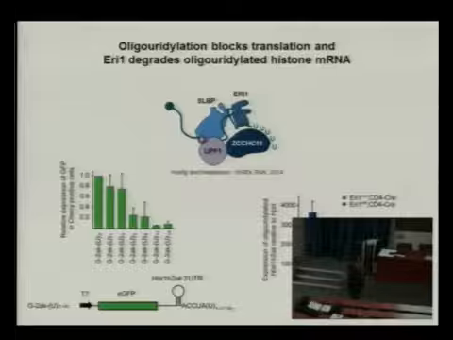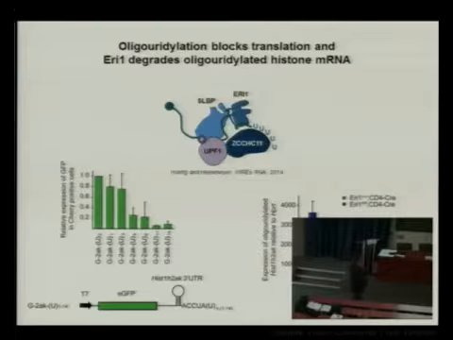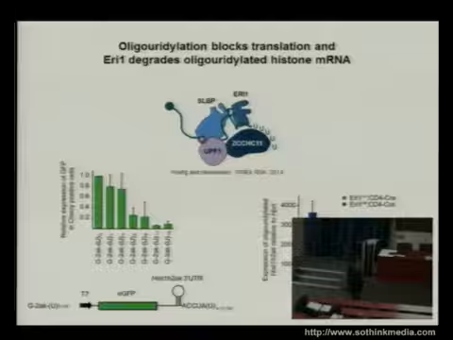And as you can see here, we used a construct that is an EGFP and a histone stem loop. And we performed in vitro transcription, and this stem loop has then one uridine, up to 14 uridines, mimicking uridylation.